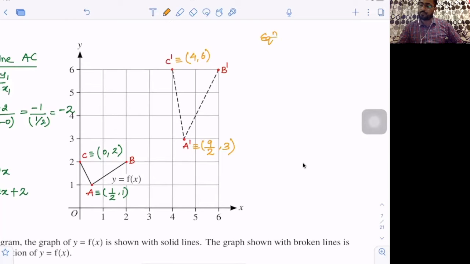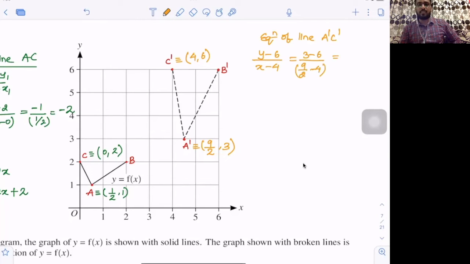So the equation of line A prime C prime. Again, students, I'm going to make use of the same concept, y minus y1 divided by x minus x1. So I can write y minus 6 upon x minus 4 is equal to y2 minus y1, so 3 minus 6, divided by x2 minus x1, so 9 upon 2 minus 4, right?